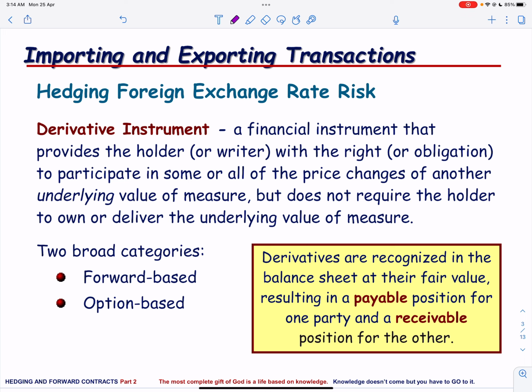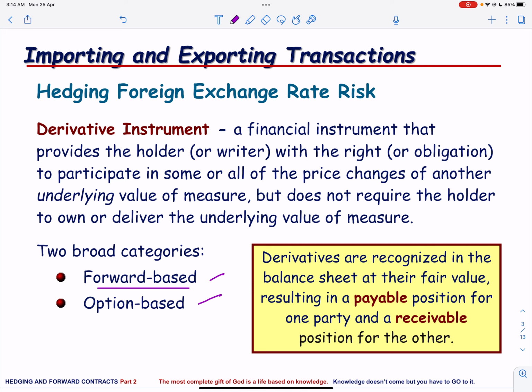But if the prices go down, the firm can protect itself from the losses. These instruments can be classified into two broad categories: forward-based derivatives and option-based derivatives. In this video, we will talk about forward-based derivatives.